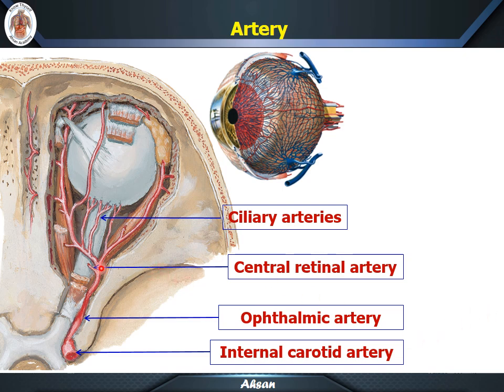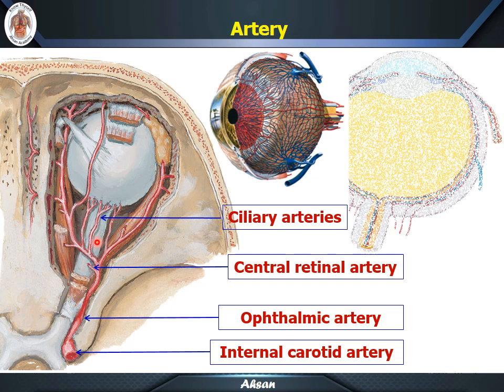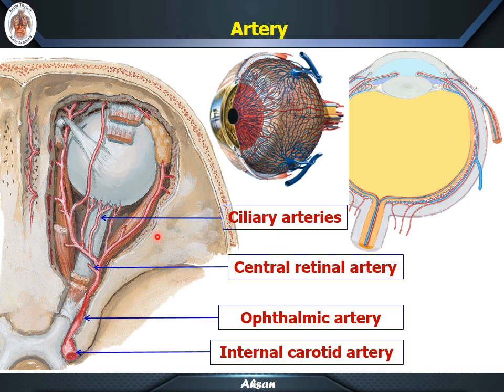The ophthalmic artery continues and divides, giving several ciliary branches that supply the outer part of the eyeball wall. You can see these are the ciliary arteries penetrating the sclera.